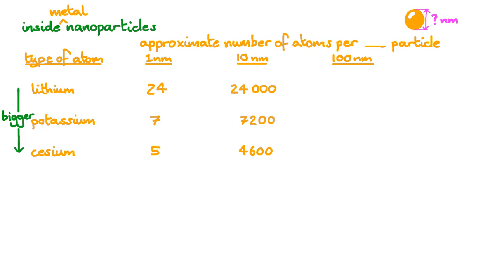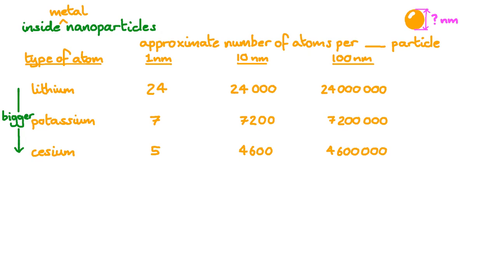So in a 10 nanometer lithium particle, we expect about 24,000 atoms, and in a 10 nanometer cesium particle, we expect only 4,600. And we get another big jump when we increase the diameter by a factor of 10 to 100 nanometers, with 24 million lithium atoms or 4,600,000 cesium atoms.